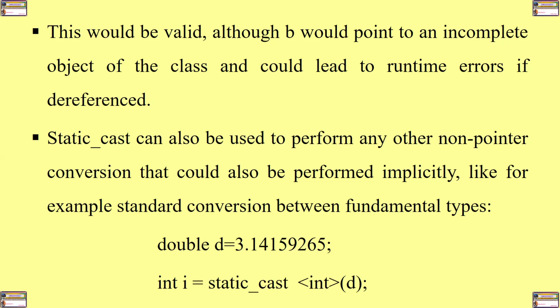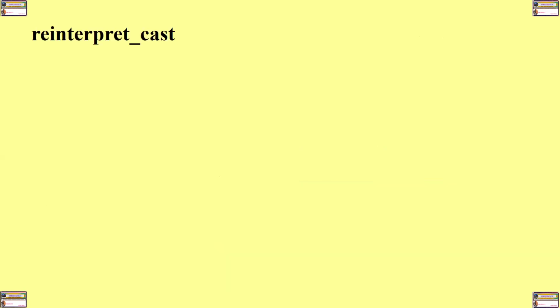And then we can typecast d to integer, and assign the result to the memory location called i, which is of type integer.